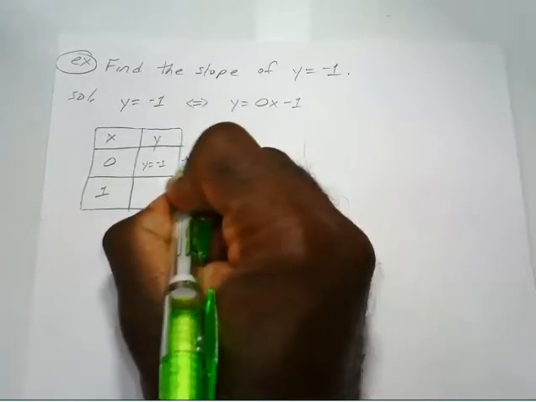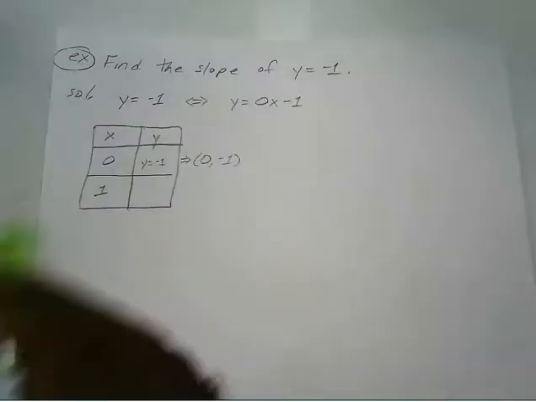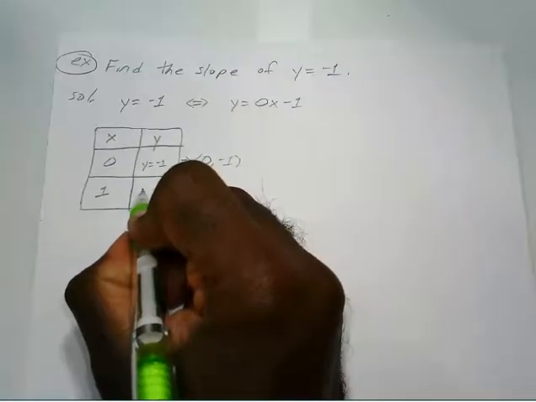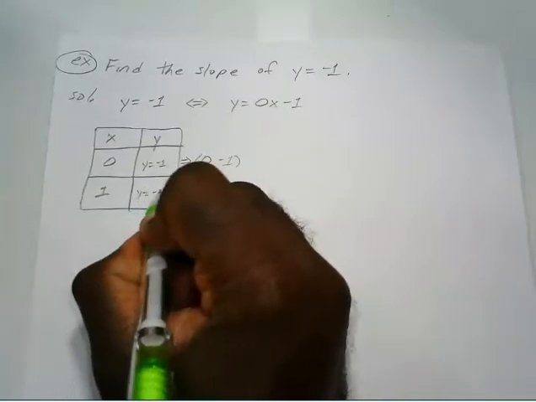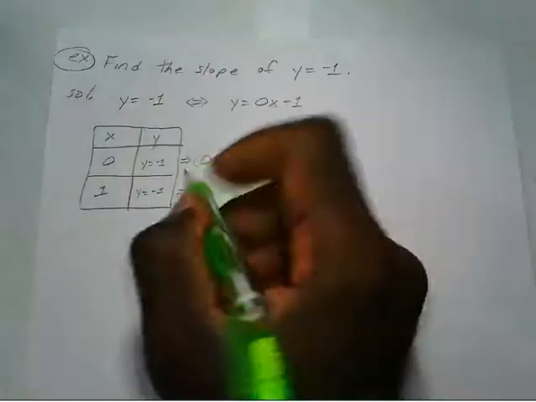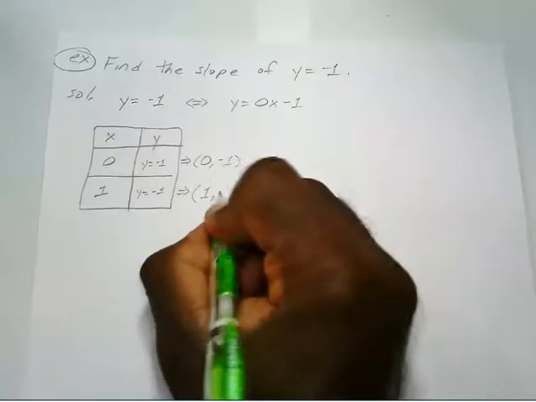So that gives us the ordered pair: when x is 0, y is -1. And when x is 1, 0 times 1 is still 0. So when y equals -1, oh, not y is equal to 1. Yep, y is equal to -1. There we go. So when x is equal to 1, y is equal to -1.